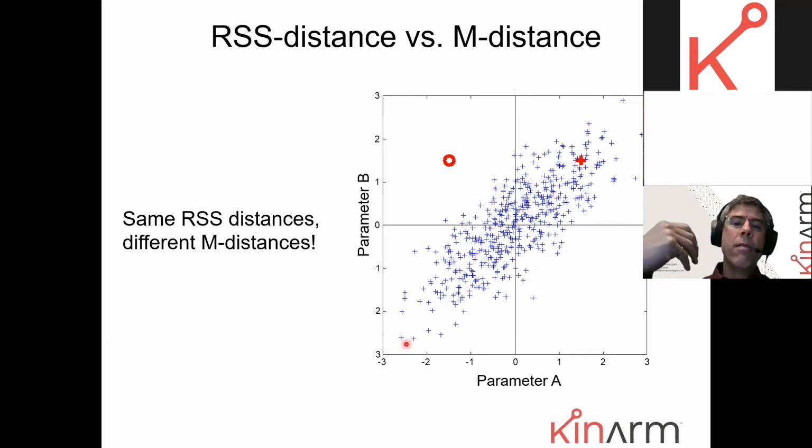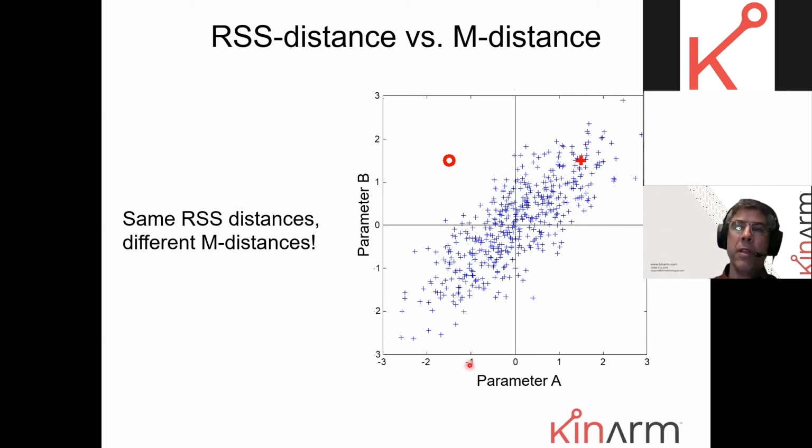Now imagine I go out and get two patients and bring them in and measure their performance on A and B. I might get a subject that looks like this red cross here and another subject that looks like this red circle here. If I look at just their behavior for parameter A, one subject's at plus 1.5, the other one's at minus 1.5.